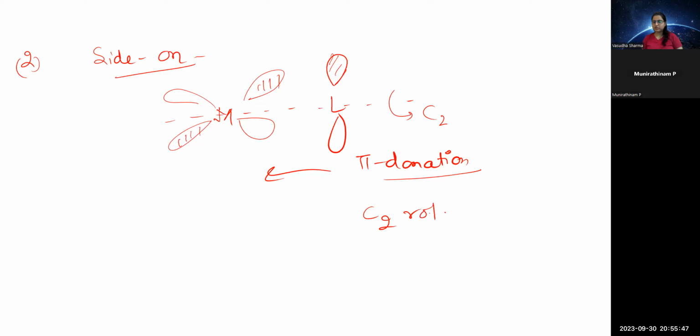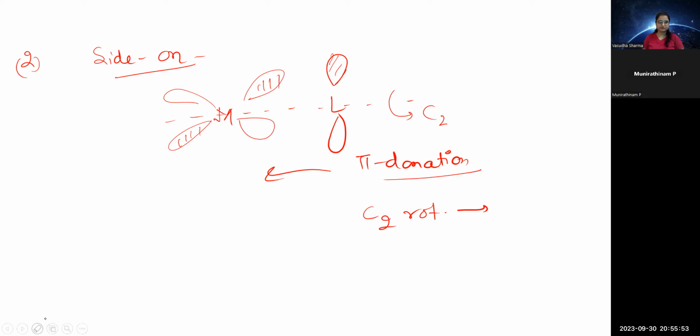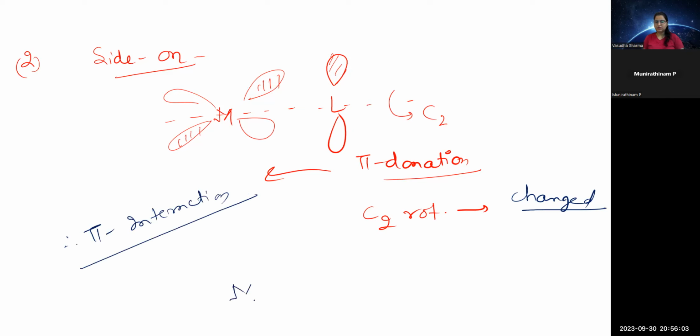So on C2 rotation, it changes. The symmetry changes. Therefore, it is a pi interaction, and here it is pi donation. It could also be the other way around, that the metal is donating pi electrons to your ligand orbitals. That also comes under pi interaction.